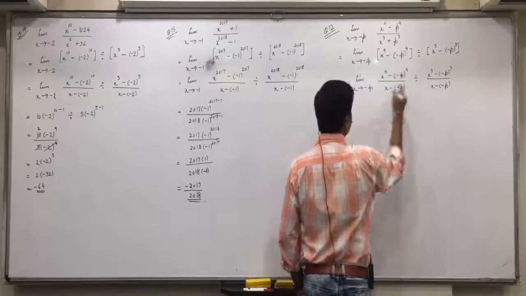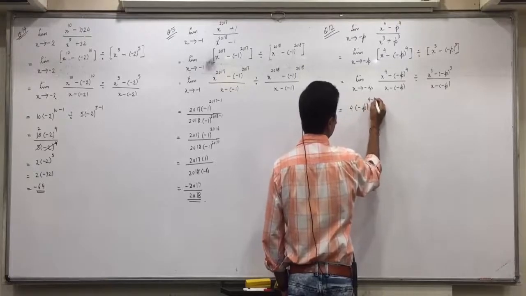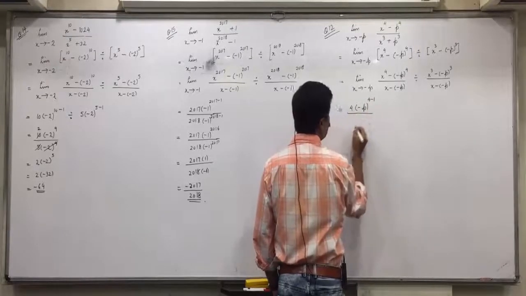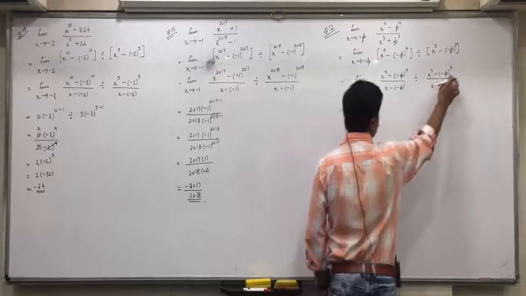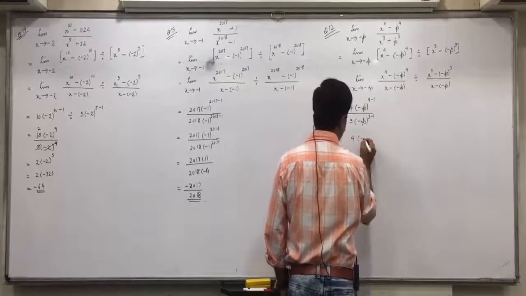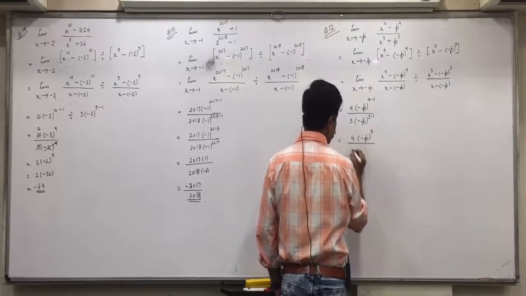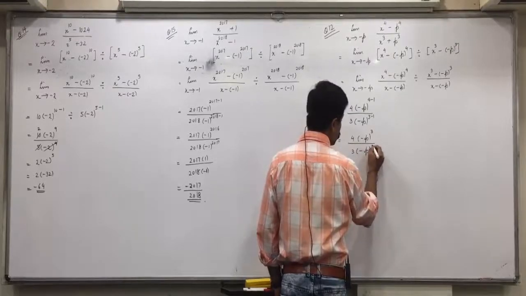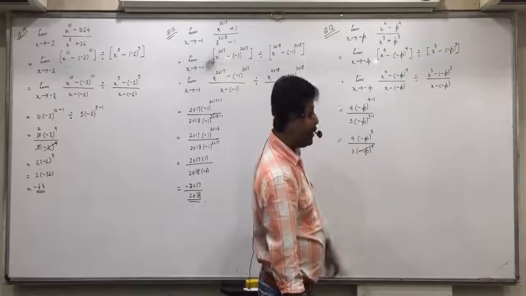Now, what is n? 4. What is a? Minus p raised to n, 4 minus 1, upon, what is n? 3. A, minus p raised to n, 3 minus 1. Minus p raised to 3 and minus p raised to 2, so minus p square gets cancelled.